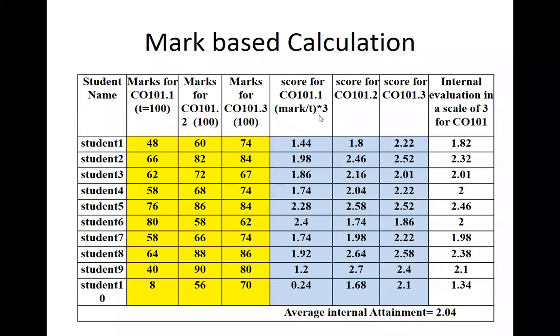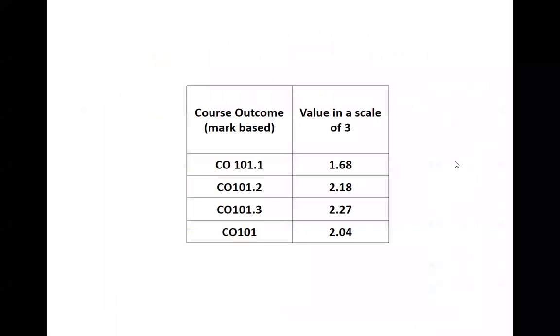Then I am converting it to a scale of 3 by multiplying it by 3. And this gives me the course outcome for each student for the subject CO101. The total course outcome is nothing but the average of these values.